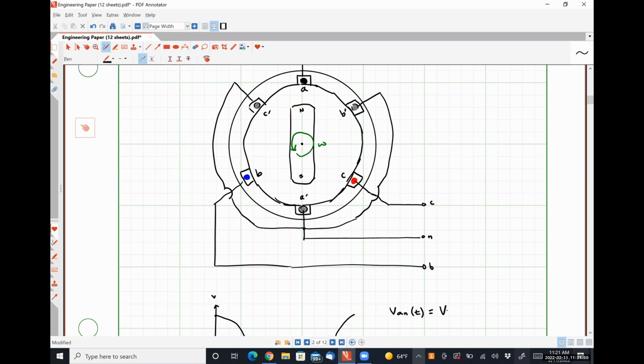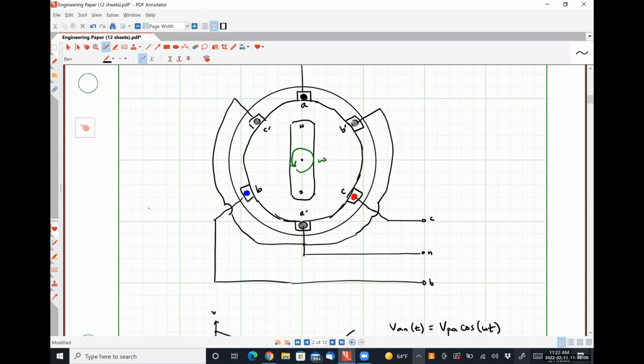And I'm going to say that it has a value of VPA. So this P subscript is what I'm using to indicate a phase quantity, but we'll talk about that more in a little bit. Cosine omega t.